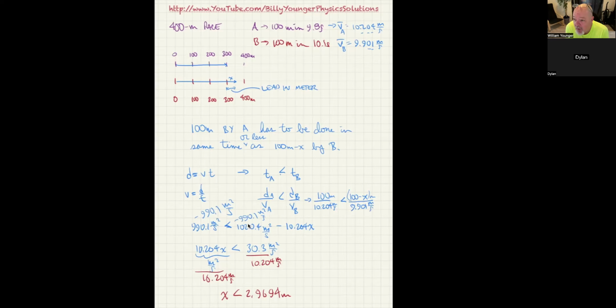Or in other cases, maybe they had to do it in the same amount of time, or with the same final average velocity. But the main thing is you figure out what they have in common, which in this case was the time. What I wanted was not necessarily for it to be common, but less than. So I set it for the time, and then I just had to solve d equals v times t for time, and put that on each side.